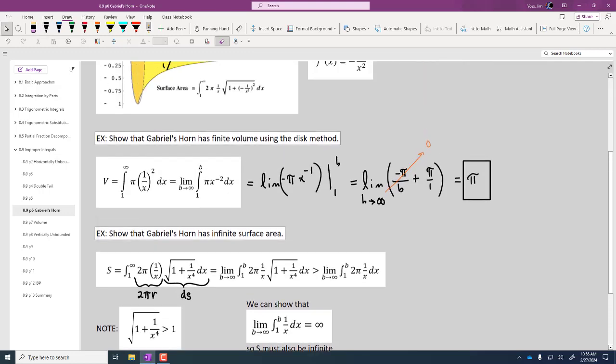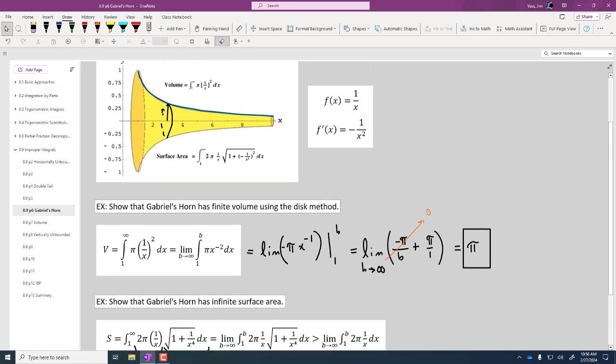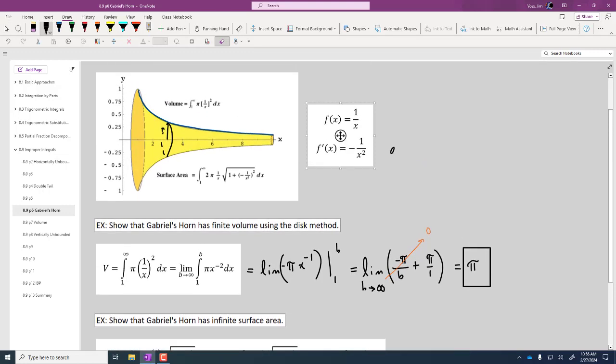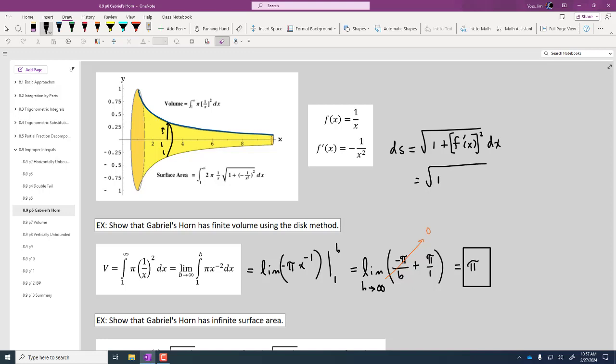And ds, we've learned, is found by taking the square root of 1 plus the derivative squared times dx. So that's ds. So if we look at our ds, this is going to be 1 plus, we square that, we get 1 over x to the 4th times dx. So that is our ds.